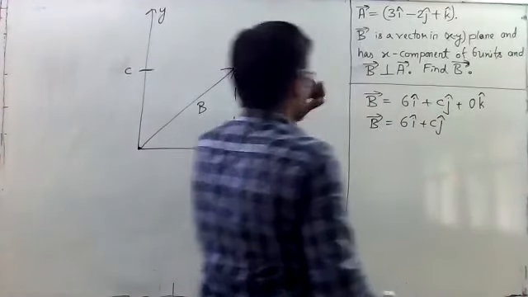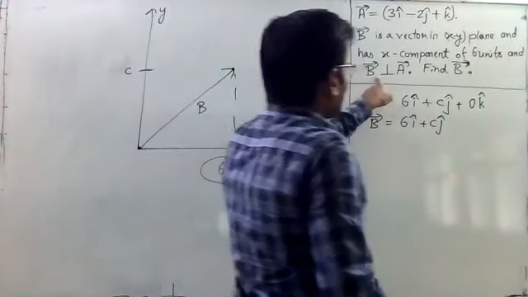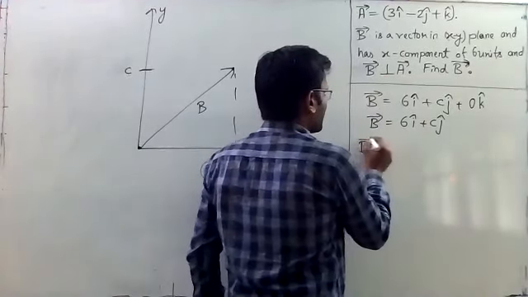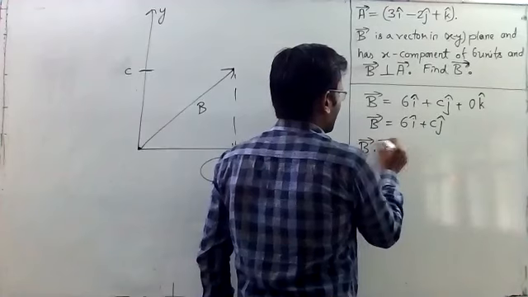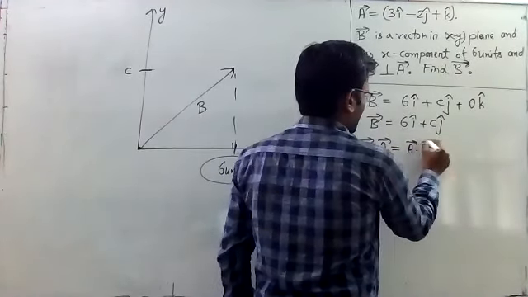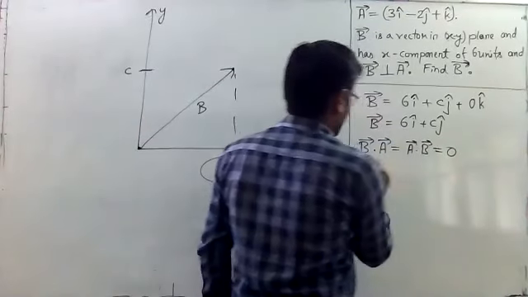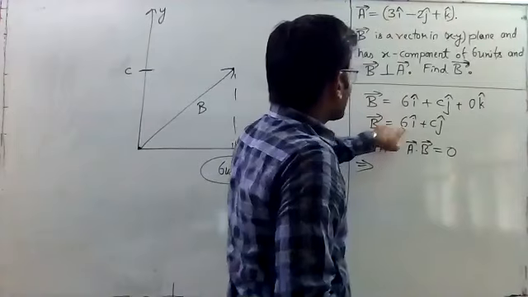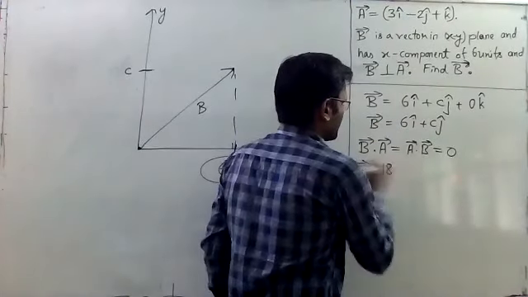Now what is the question? Another condition is given that B is perpendicular to A. That means B dot A or A dot B, anything you can take, right? B dot A or A dot B is equal to 0. Let's take A dot B. 3 into 6, how much? 18.